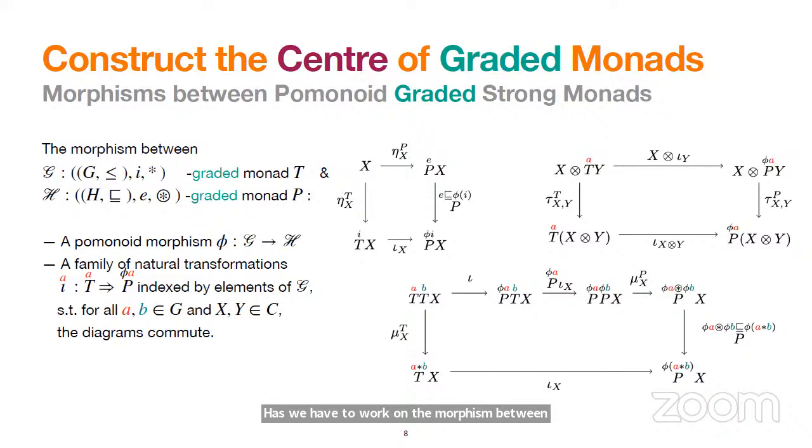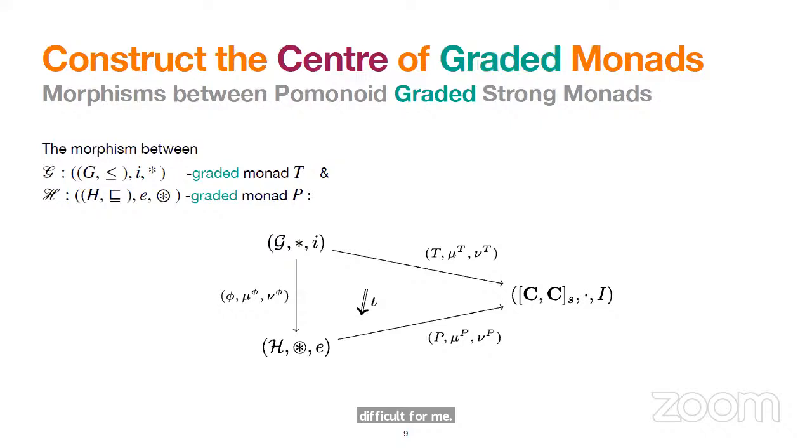And this, I should say, took much of my time, at least for me, because it was very difficult. So a morphism between them, in the overview, is: we have one graded monad from the gradation, which is the pomonoid G here, and another gradation, the pomonoid H here. This lax monoidal functor is the first graded monad, and this lax monoidal functor is the second graded monad.